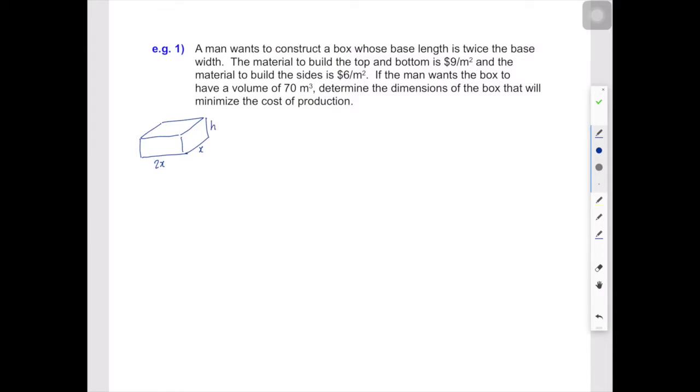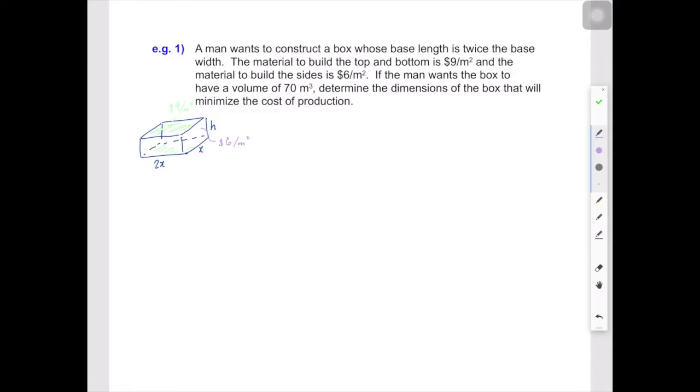Also note that the top and bottom pieces cost $9 per square meter, and the sides all cost $6 per square meter.